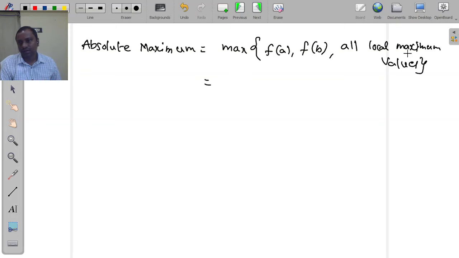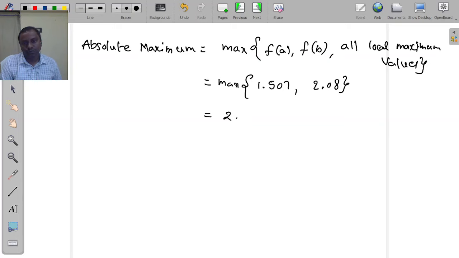We don't have any local maximum values, so we take the maximum of f of a, 1.587, and f of b, 2.08. Absolute maximum value is 2.08, that is cube root of 9.